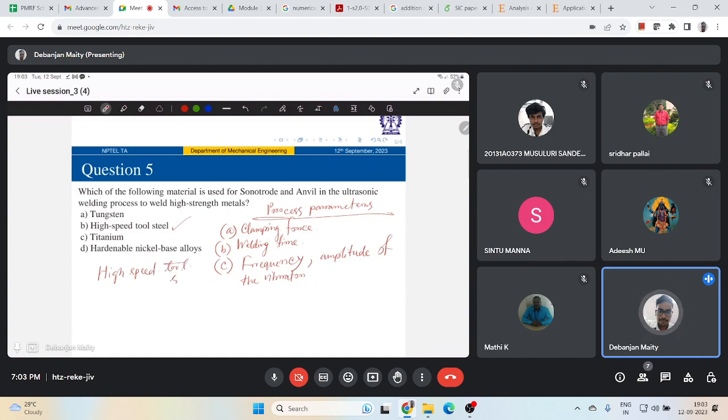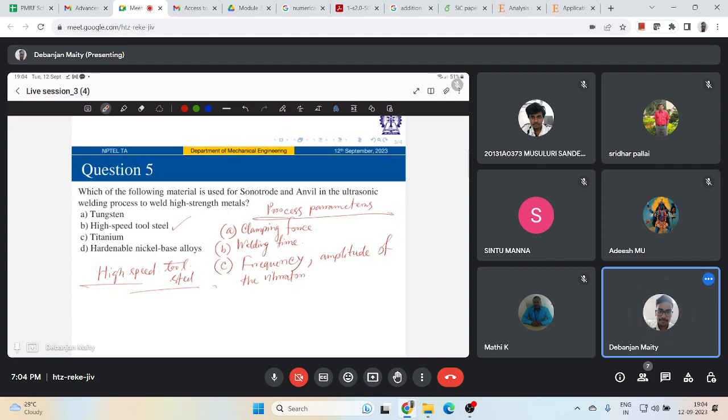People generally use this kind of material when they're trying to weld soft metals like aluminum. Aluminum is very soft, very ductile. Copper is a little harder than aluminum, but it is also malleable in nature. You can use some low carbon steel also, right?